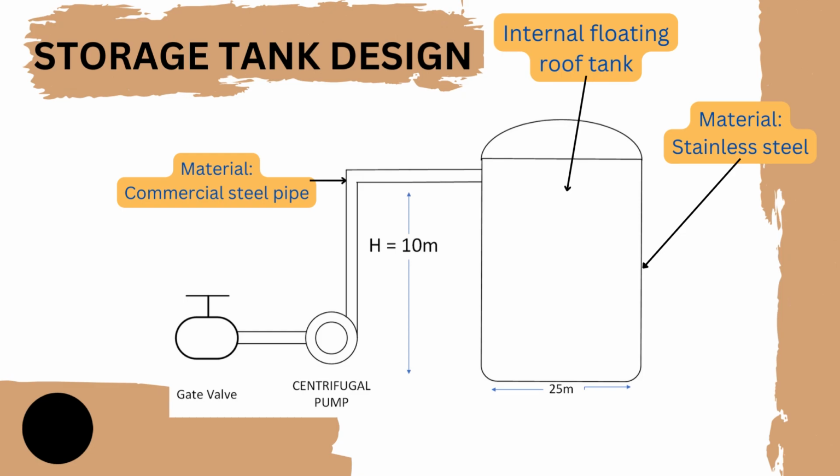Then, for our pipe, we use commercial steel pipe, which can withstand high pressure and also prevent energy loss by using a diameter of 4 inch and schedule 40 pipe, because the higher the diameter, the lower the energy loss.